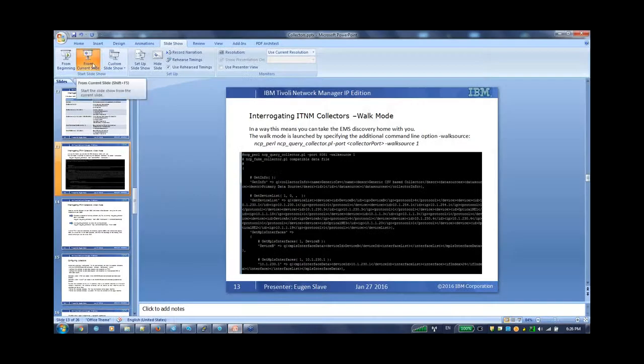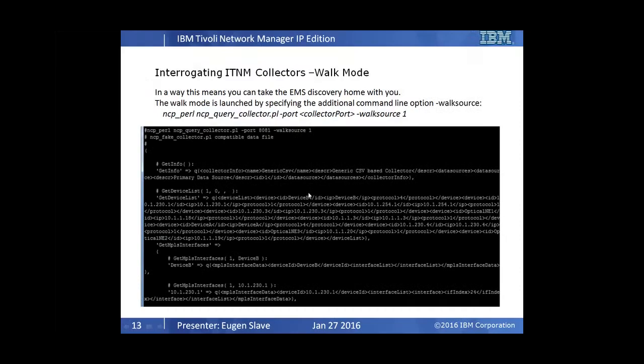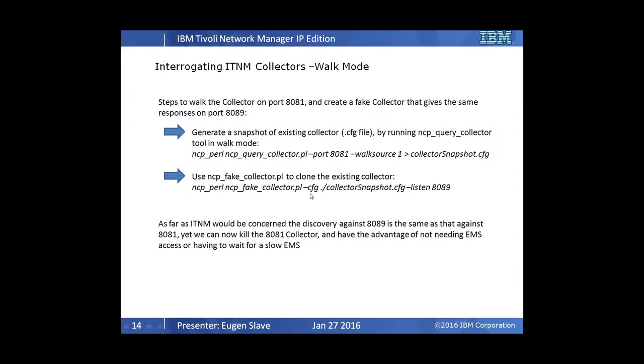Okay. So those are the steps to clone a collector from the port 8081 and create another one on port 8089. Generate a snapshot on the existing collector, and then use the ncpfake collector.pl command to clone the existing collector.